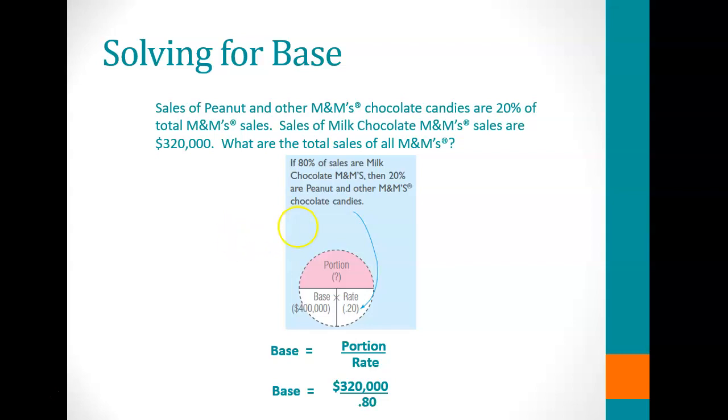The base in this case would be the milk chocolate sales, which is $320,000, which represent 80%, that's the rate, of total sales. Therefore, the base will be $400,000. So based upon what's given, if I know the portion and if I know the rate, again, I can solve for the base. If I have any two of these three elements, I can solve for the unknown.